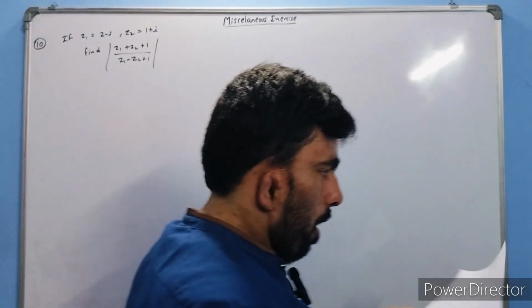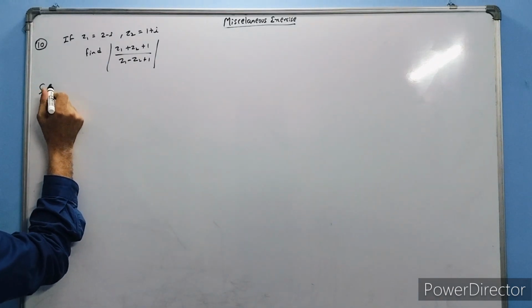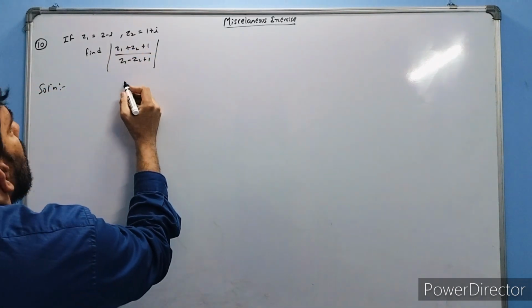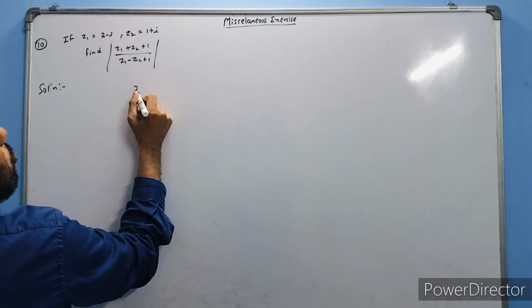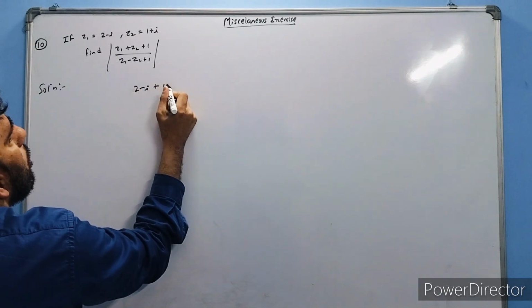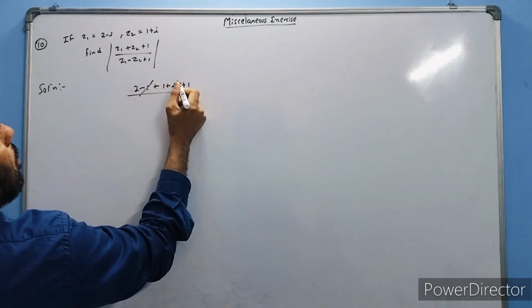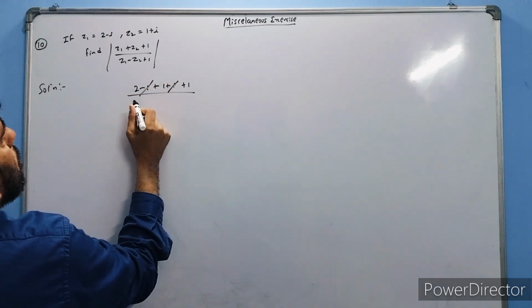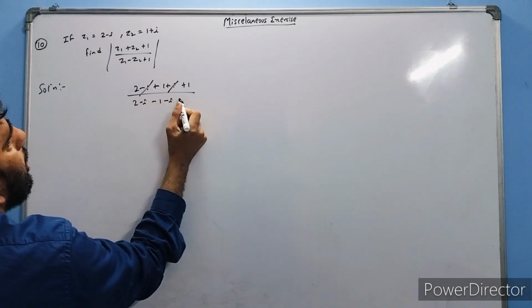Okay, so now let us see what we can do here. Very simple solution we have, that is, we'll put the values here: 2 minus i plus 1 plus i plus 1 upon 2 minus i minus 1 minus i plus 1.